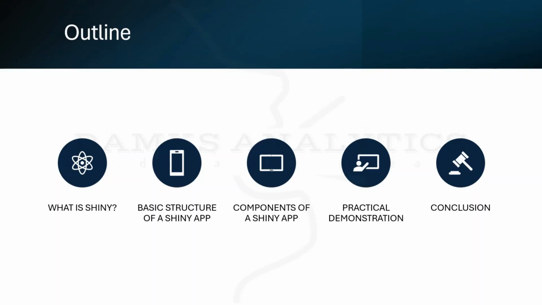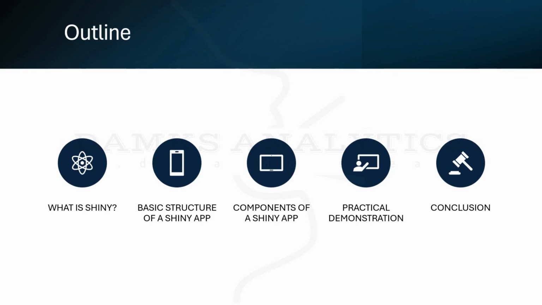The content of this video is distributed into 5 parts. The first part is what Shiny itself is, what it is actually all about. Then I will move on to the basic structure of a Shiny app. Then the components, what makes up a Shiny application.